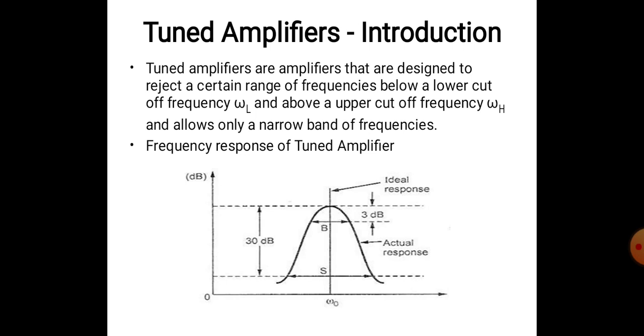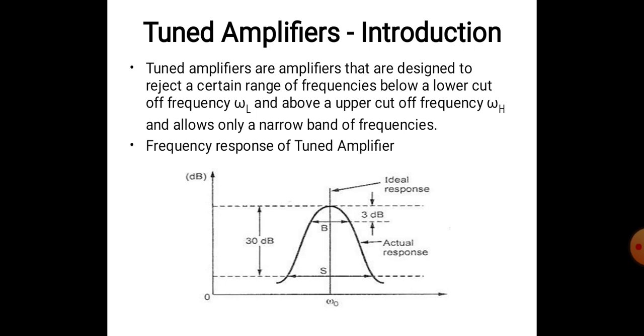That is, the tuned amplifier rejects the frequency signal below the lower cutoff and above the higher cutoff, and the intermediate frequency between the lower and higher cutoff alone is selected and amplified. Hence, the frequency response of tuned amplifier is almost a skirt response or a narrow band response. Hence, tuned amplifiers are otherwise known as narrow band amplifiers.